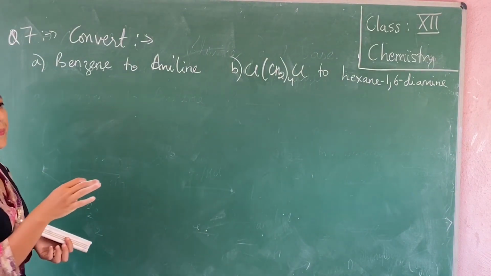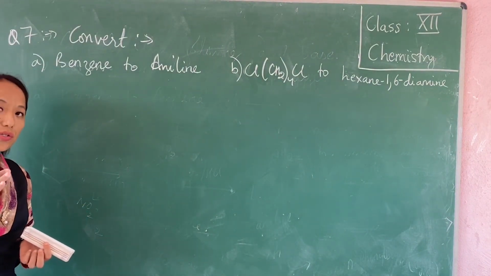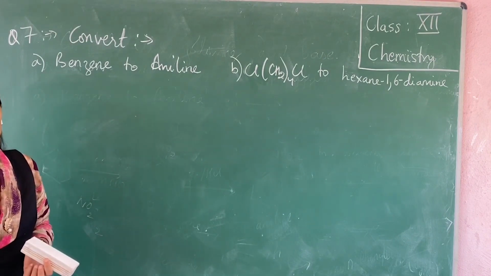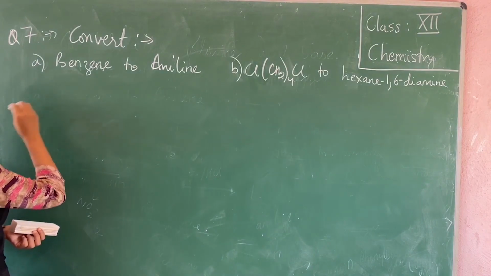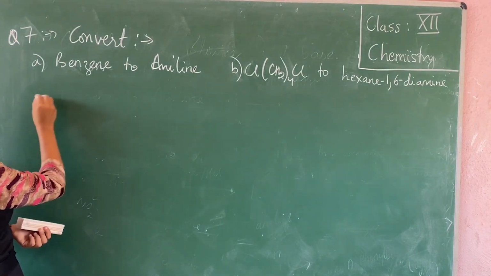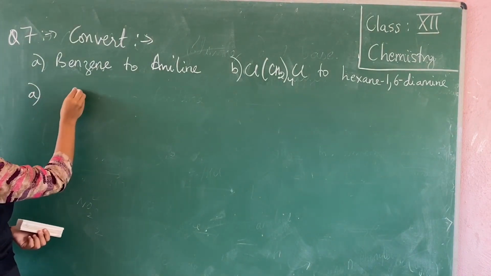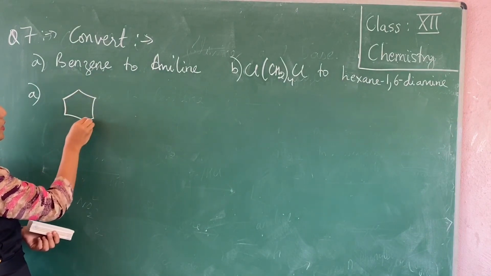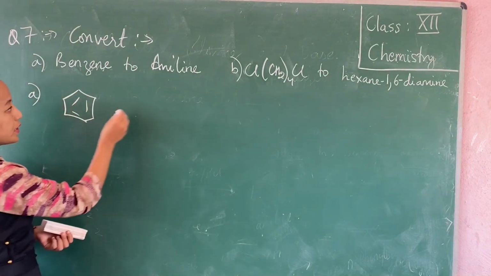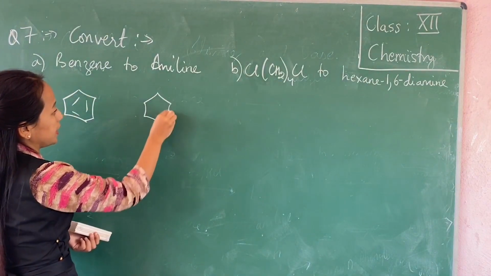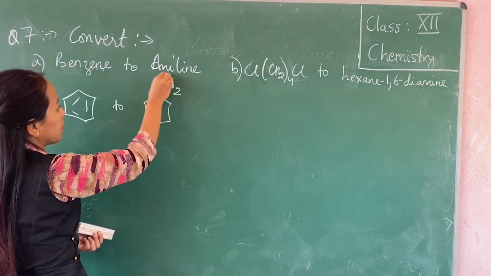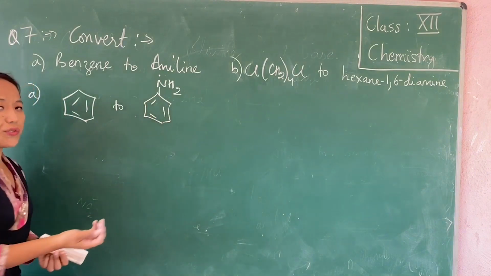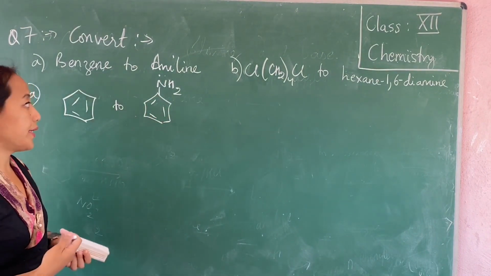Now the first step is you need to know the structure of the reactant and the structure of the product that you are trying to get. So I'm going to do the first one, that is benzene to aniline. The reactant is benzene and the product that you are supposed to get is aniline, NH2. Now you cannot just introduce NH2 on the benzene directly.